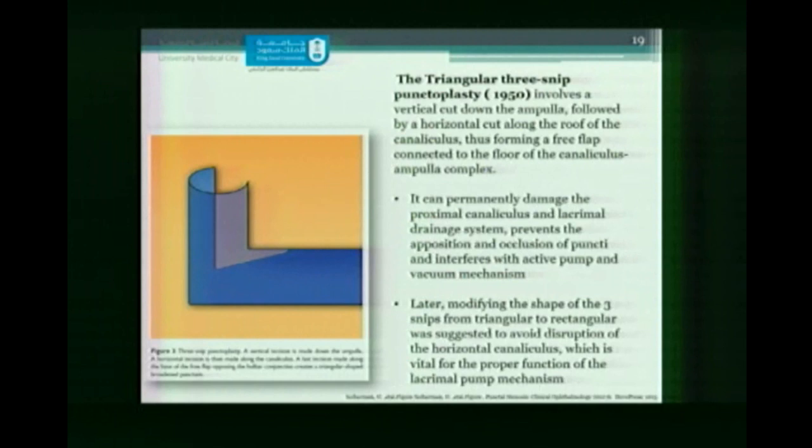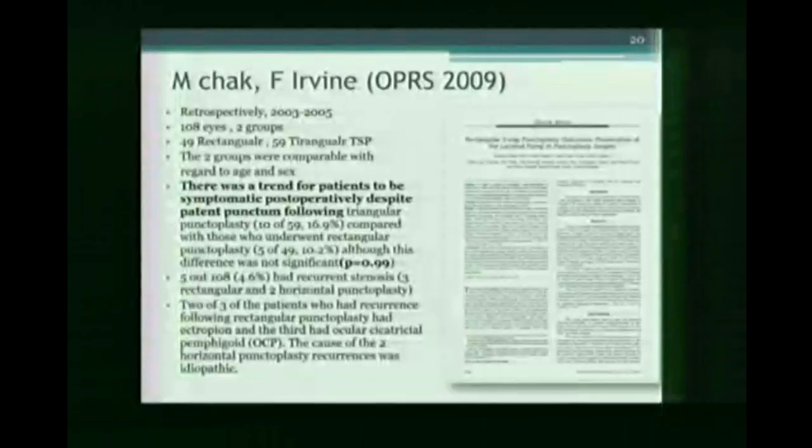Later on, a modification of this technique was done, changing the triangular shape of the incision into a rectangular shape, which was thought to be more proper and more anatomical. We'll go through this in the next slides.